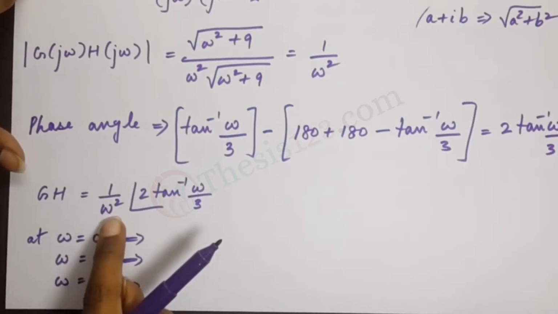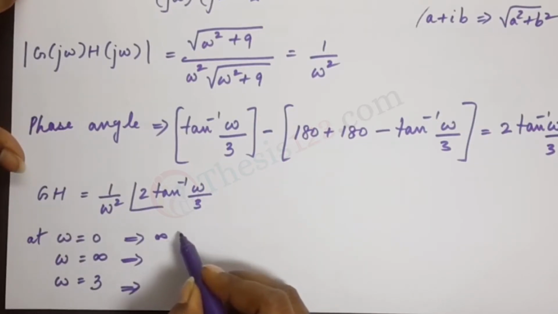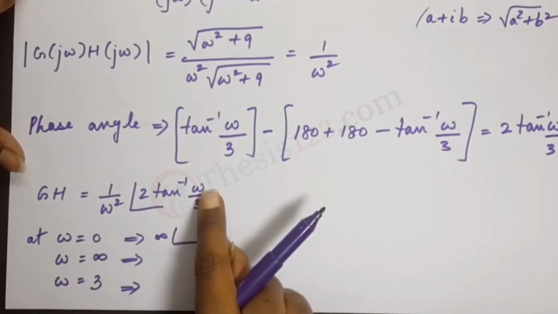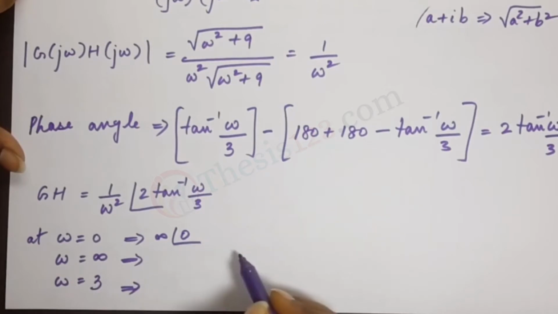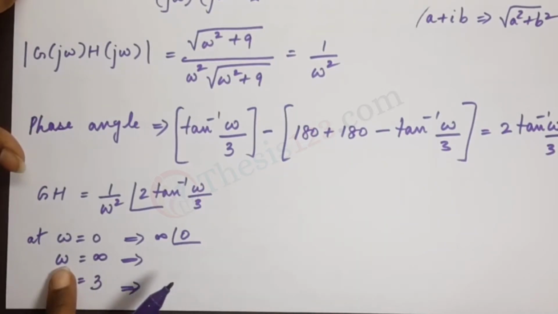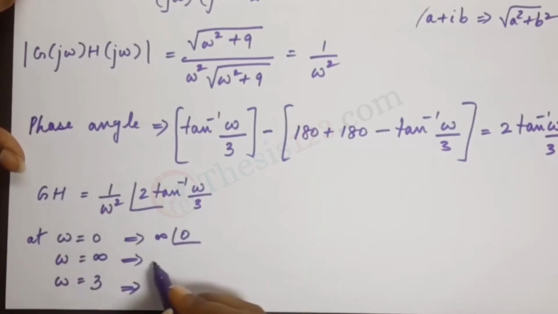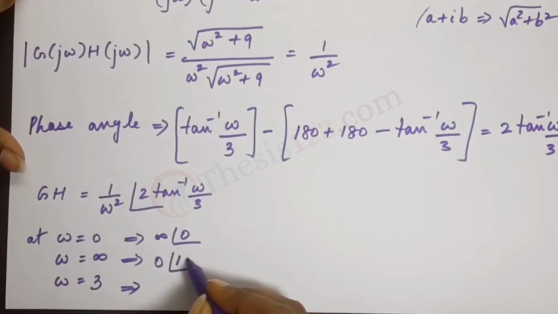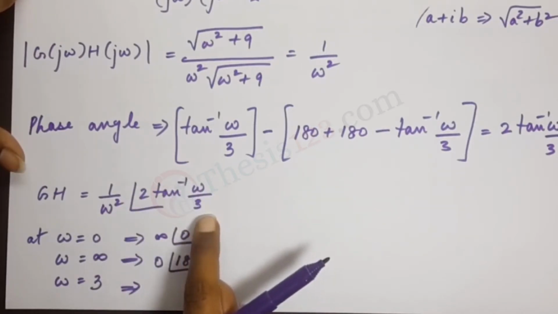So at omega is equal to 0, substitute 0 over here, 1 by 0, let's call it infinity, at angle 2 tan inverse of 0 by 3, anyway the whole thing is 0. So that's our first value. Next, at omega equals infinity, substitute infinity here, we will have 0 and the angle being 180. 2 tan inverse of infinity by 3.